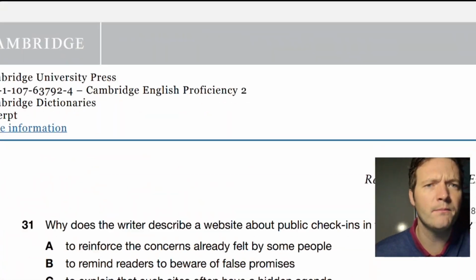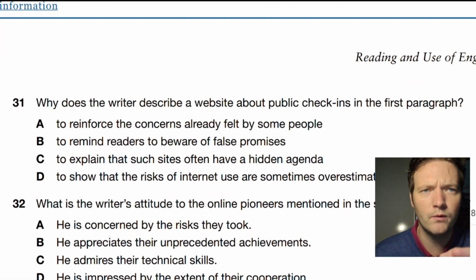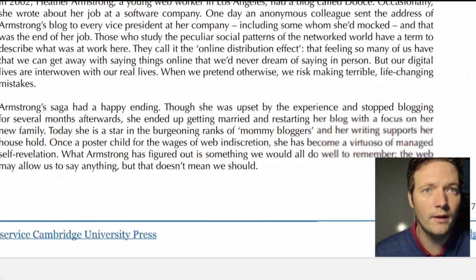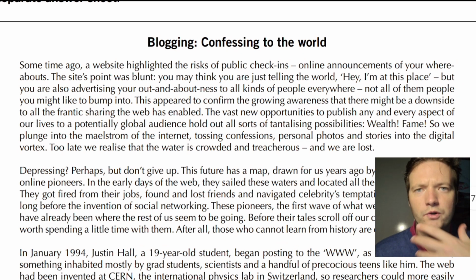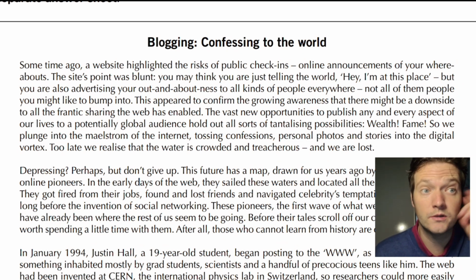Remember the question. Let's bear in mind what the question is. It says, why does the writer describe a website about public check-ins in the first paragraph? So, first of all we know why the website speaks about these things, no? Or what they're trying to tell people. They're telling people it's potentially dangerous to announce to the whole world where you are and how often you're out, no?